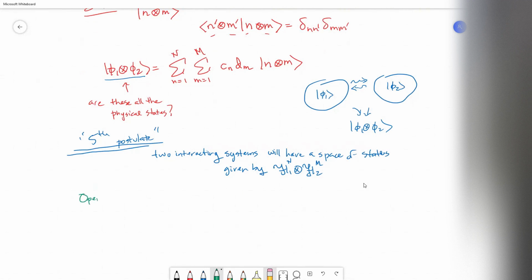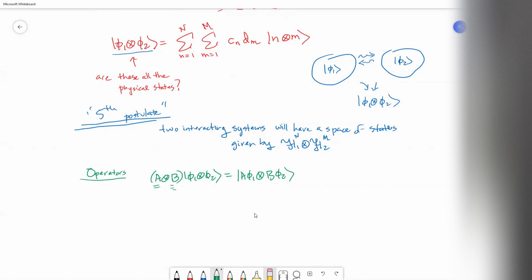We can also do operators. With operators, you have to be careful and specify which piece of the tensor product you're acting with. So the operators kind of have to be extended, right? You have to tell me whether you're acting on the first piece of the tensor product or the second piece. Whenever it acts on one of these states, you have to act with the operators individually.